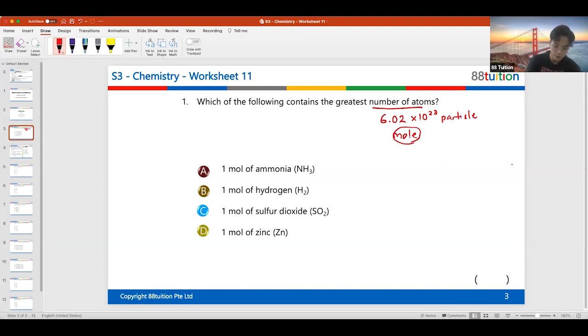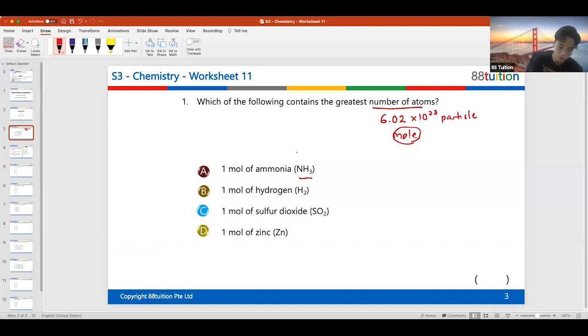Okay, so in this case, when we are looking at number of atoms, the easiest way of doing this is just to count how many atoms are in each compound. All right. So we look at ammonia here. Ammonia has 1 nitrogen, 3 hydrogen.